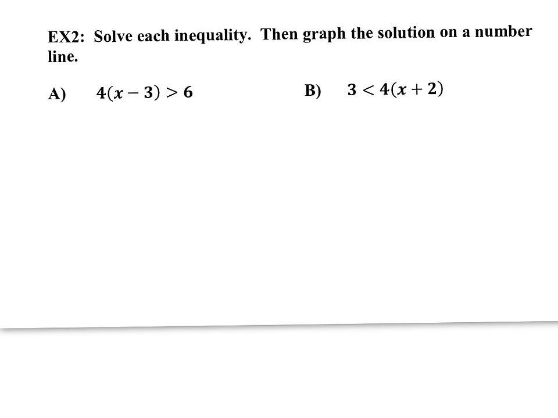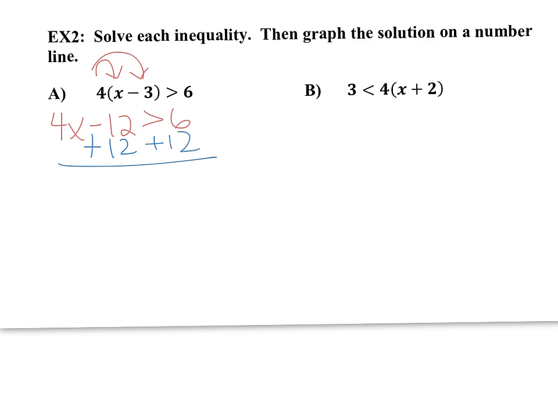Now in our second section, we are going to solve each inequality, then graph the solution on a number line. So for part A, I'm going to distribute the 4 to the x and then the 4 to the negative 3. So now I have 4x minus 12 is greater than 6. Then I solve it just like a typical two-step equation. I add 12 to each side, and I have 4x is greater than 18.